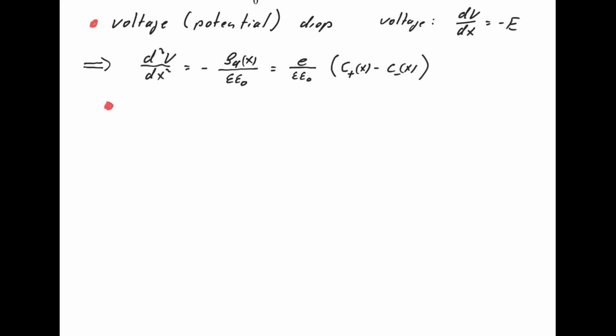Now, for the concentration dependence, we make a certain ansatz, which is based on statistical physics, saying that the concentration of the ion at a given place is equal to the concentration in solution very far away, C infinity, times e to the power plus or minus, depending on positive or negative charges, e times the voltage at that place divided by kBT.